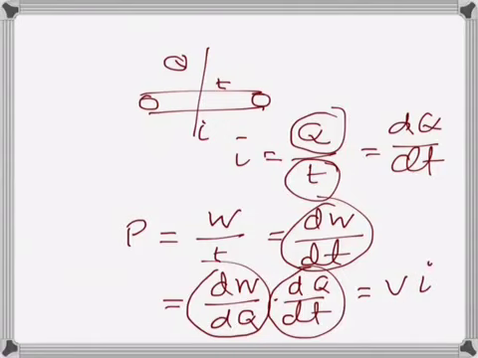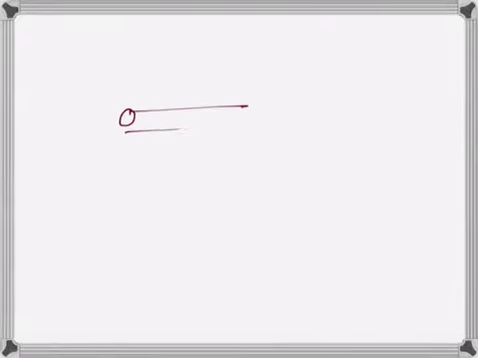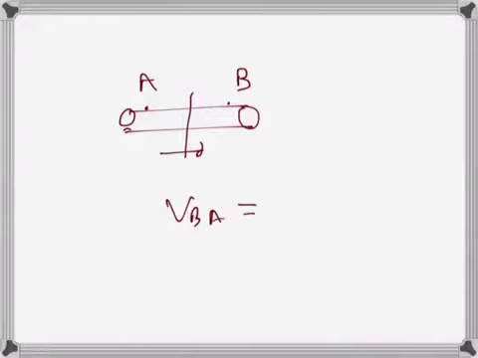Let's go back to the potential difference and current. Let's say the potential of this point is A and the potential of this point is B again, and the amount of charge crossing through is dq. So VBA equals the potential difference. Whenever we talk about the potential of any point, potential will always be between two points, or the potential of one point with reference to neutral or ground.